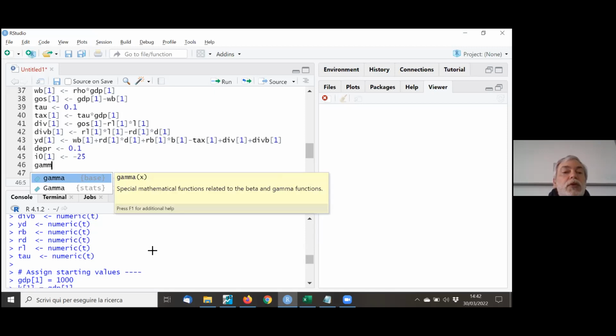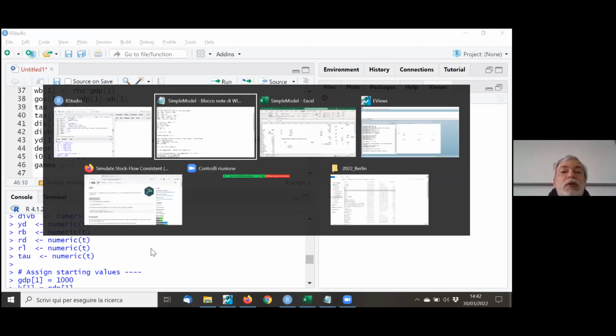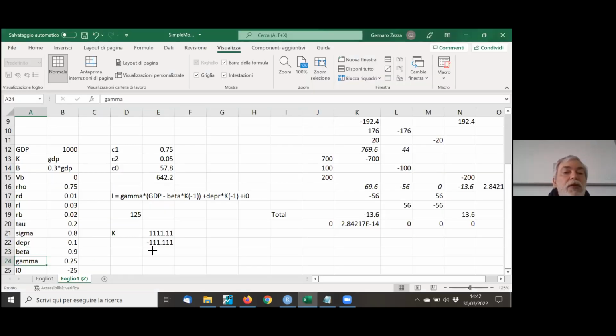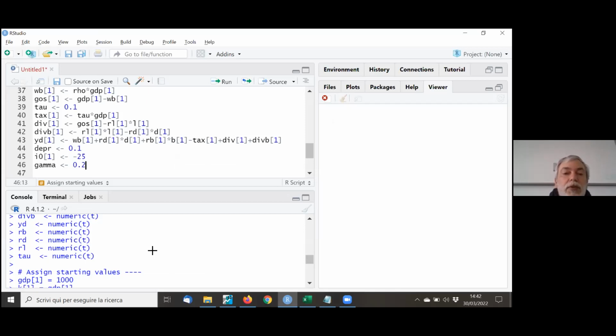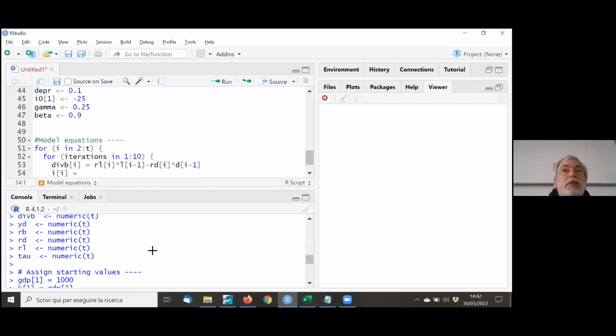So gamma may be a reserved word. No, I don't think so. Gamma, what value did we give to gamma? It is 0.5. And beta was 0.9. C0? Did we define C0? No, not yet. Let me write the equation for I first.